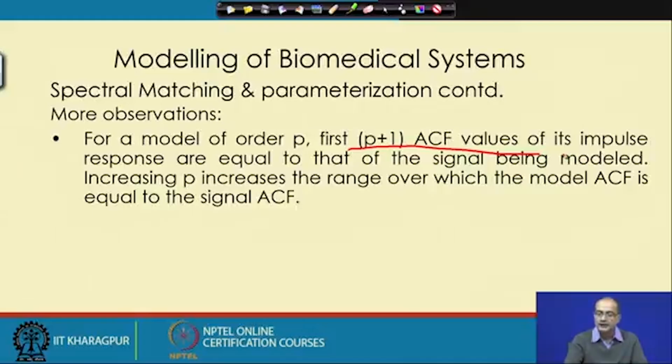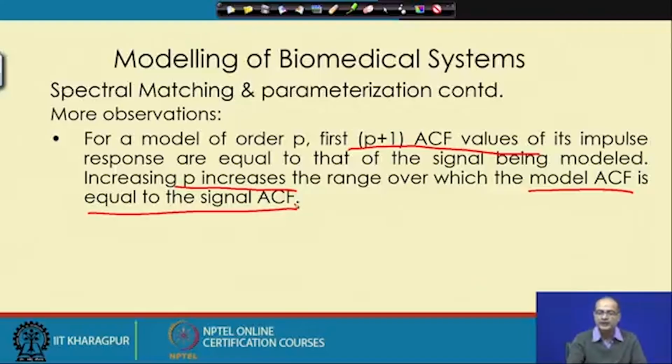So, the model impulse response has actually the same ACF as that of the first P plus 1 ACF of the signal, and as P increases, the model ACF becomes more and more equal to the signal ACF.